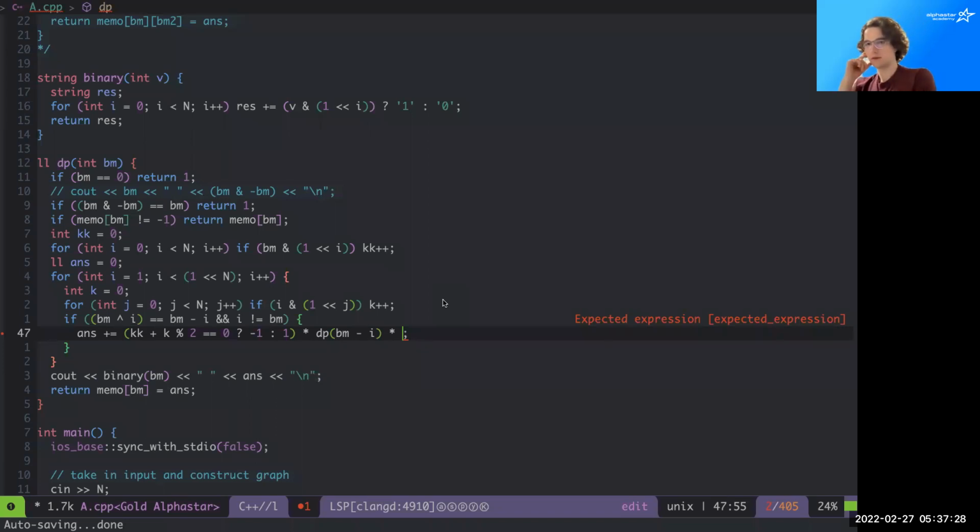I think there's a formula based on PIE where you can pick any one in any row and then you subtract all the ones that are invalid for each possible subset. Maybe there's an idea there.